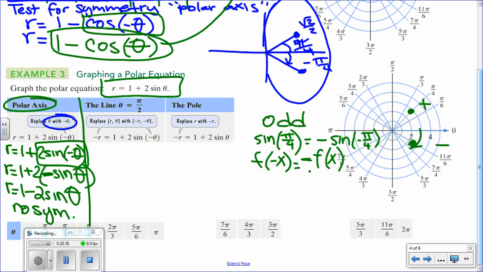Now let's check for symmetry with respect to the vertical line pi over 2, or the y-axis. Here we already replaced r with negative r and theta with negative theta. So what we will have to do is multiply both sides of the equation by -1.